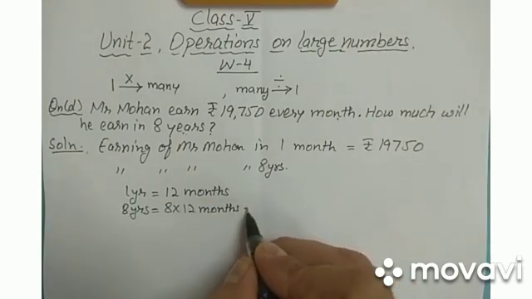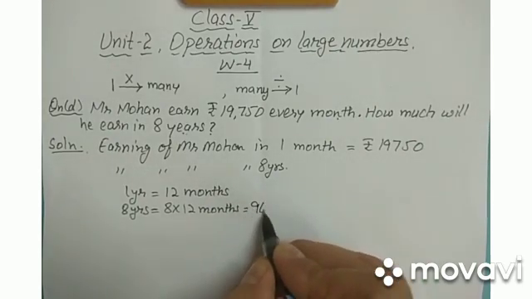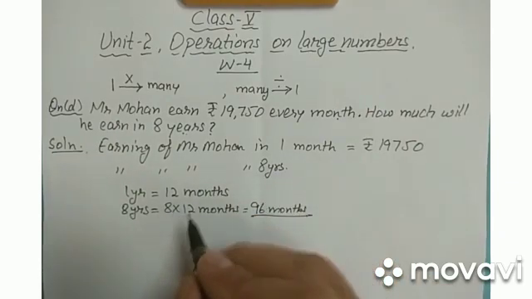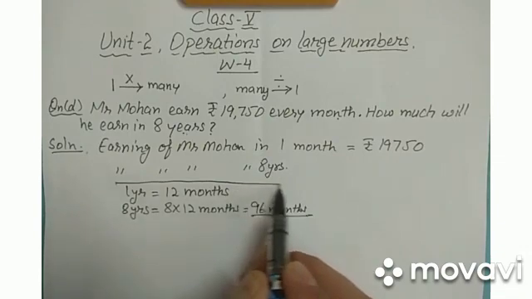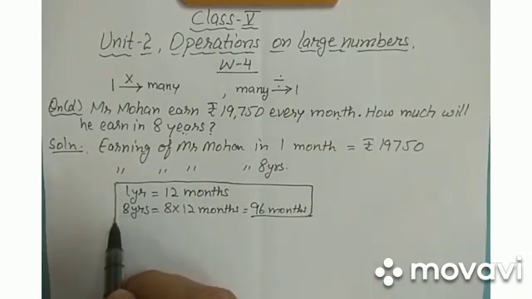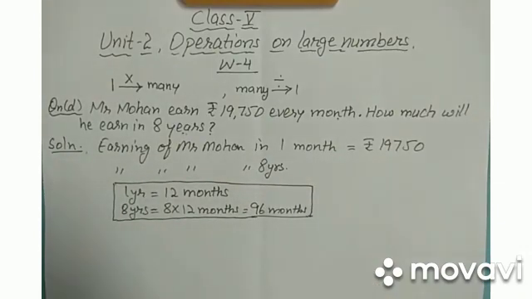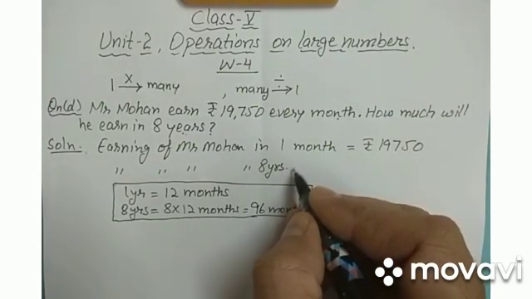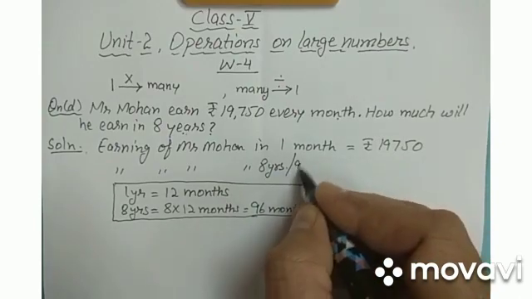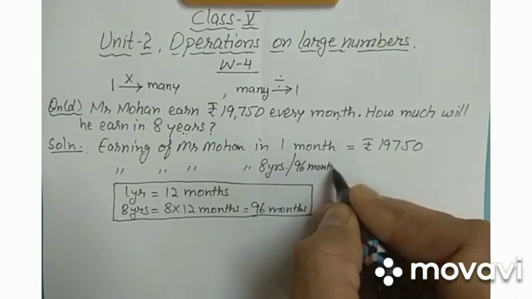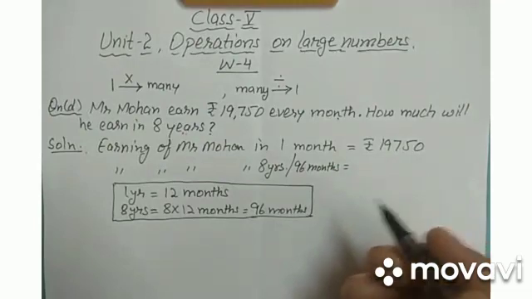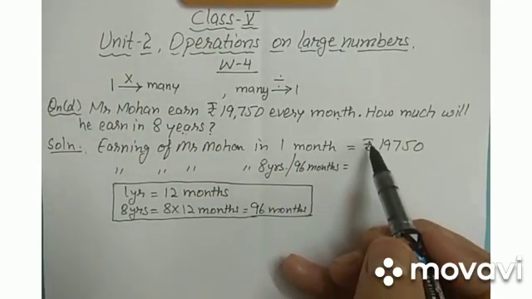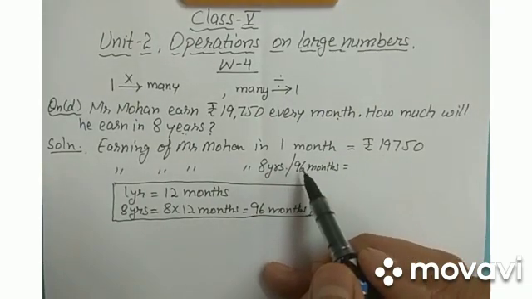So that means there are 96 months in 8 years. So here we have converted these 8 years into months, or 8 years means 96 months, because earning is given in months, so we have to multiply with the number of months only.